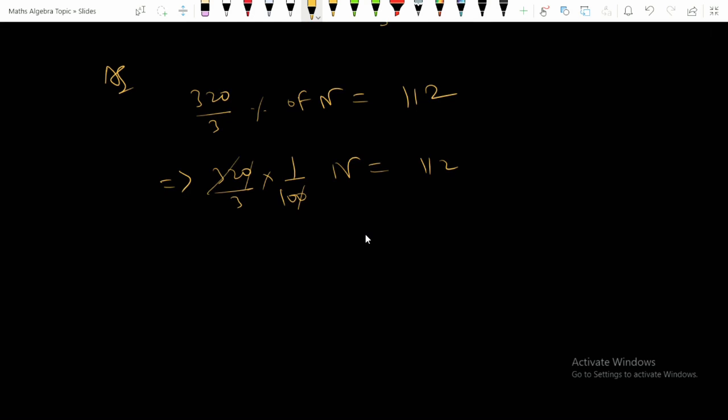If we divide, we will get 3.5 here, so n equals 3.5 into 3 into 10, that is 105.